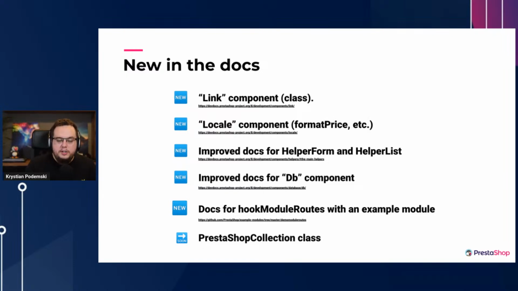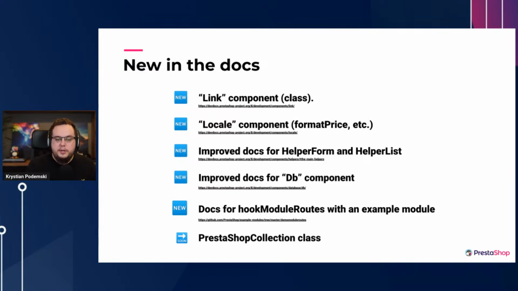There is one amazing example that was commonly asked for by the community, and it was highly anticipated. It is about hook module routes, which allows you to create new routes in the PrestaShop application to override some of the dispatcher base routes directly from your module.